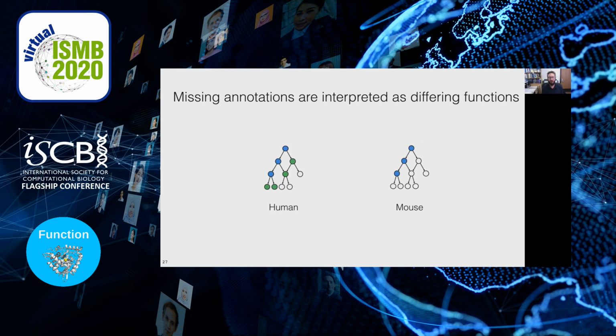So for instance, if the human and mouse proteins shown here, the DAG from GO, are exactly the same, but the green function is only studied in humans, then we would say these proteins were different, simply because we don't have them annotated in mouse. We did try to control for this by using only proteins from different papers, and we still found paralogs were more similar, but it doesn't completely control for it.